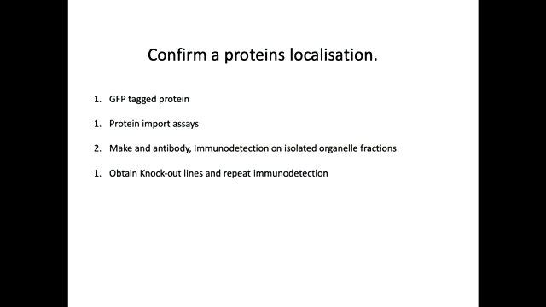Okay, so how do we study protein localization? Everybody does GFP tagging. It's the most common procedure: GFP tag your protein, see where it goes under a microscope. Some people will go ahead and do protein import uptake assays, not many because you have to use radiation and people don't like that.